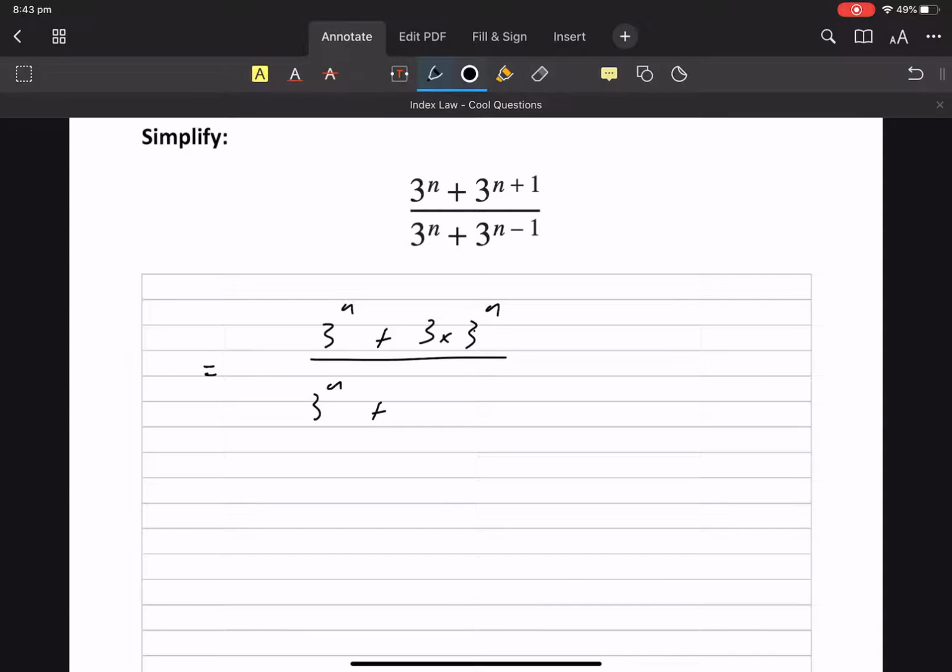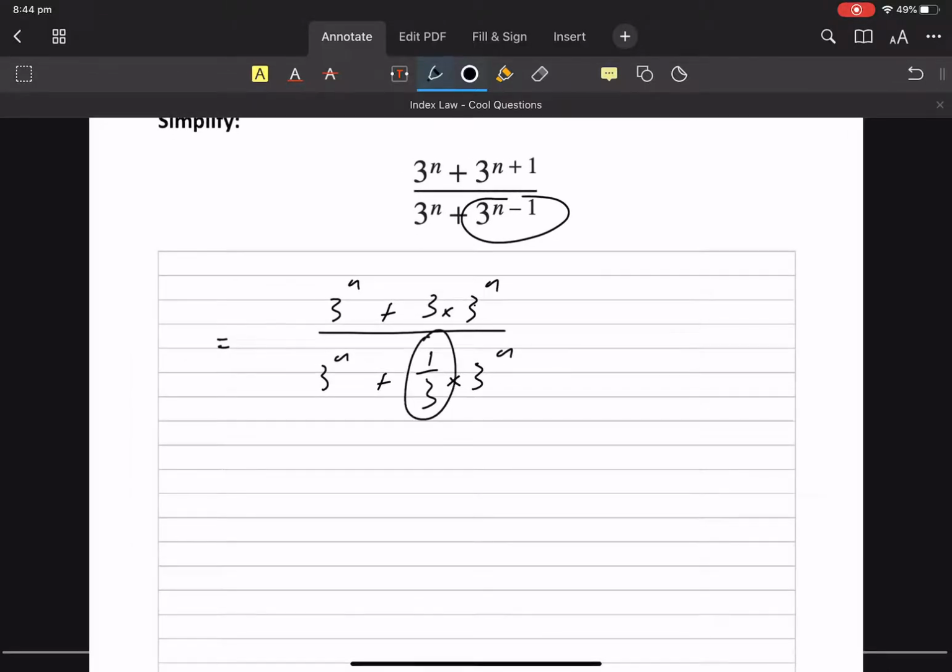How about 3 to the n minus 1 is the same as 3 to the n times 3 to the minus 1. Because that's n plus negative 1. 3 to the minus 1 is 1 on 3. So it's sort of exactly the same as the last one, but also a lot harder, because that is 1/3 times 3 to the n. Because this is 3 to the minus 1.